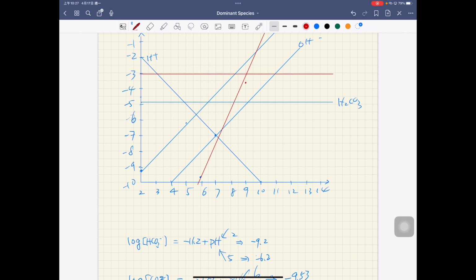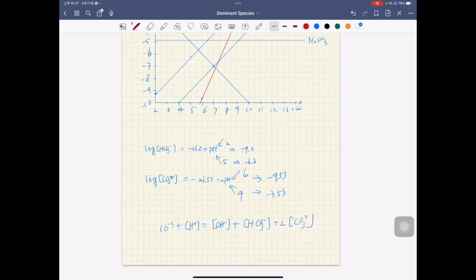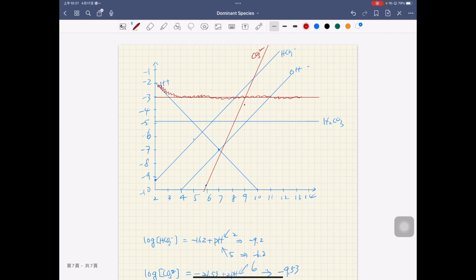Okay? And H plus plus 10 to minus 3. So the left hand side equation will look just like this.